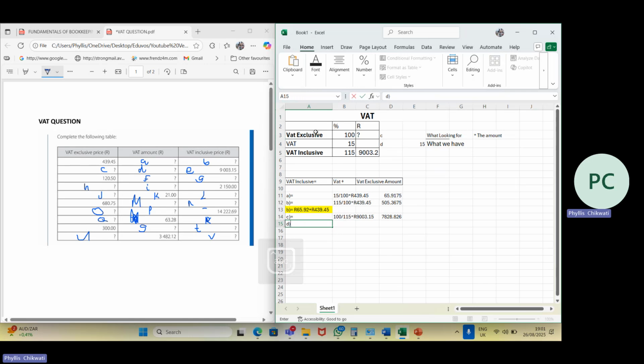Remember we said your VAT exclusive plus your VAT portion is equal to your VAT inclusive. So when you're looking for the VAT portion, it means that you just have to work it backwards. So working backwards, it means we minus.